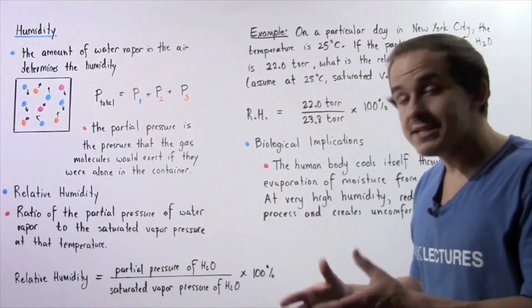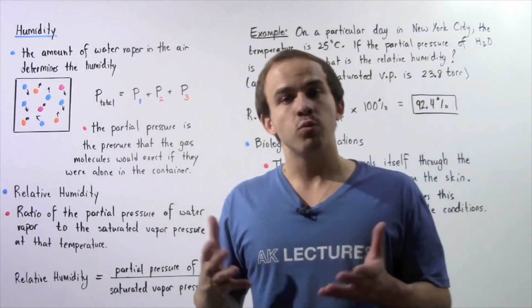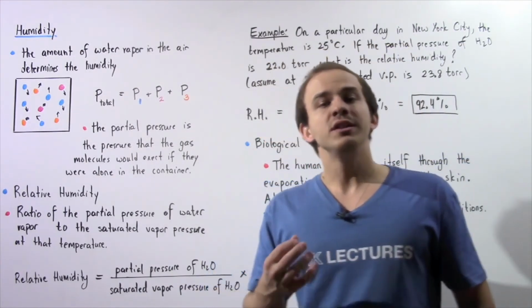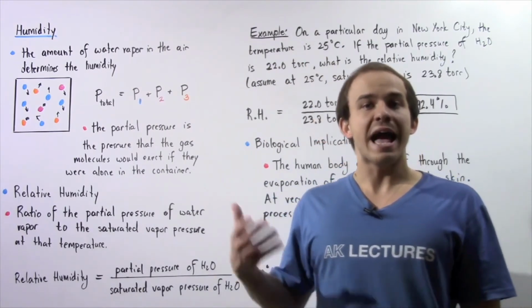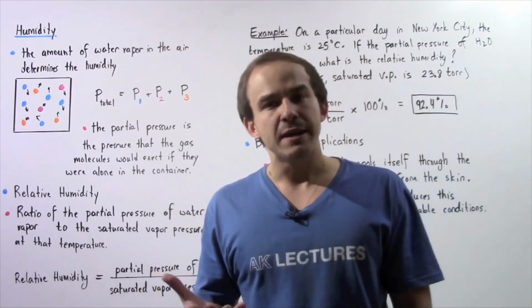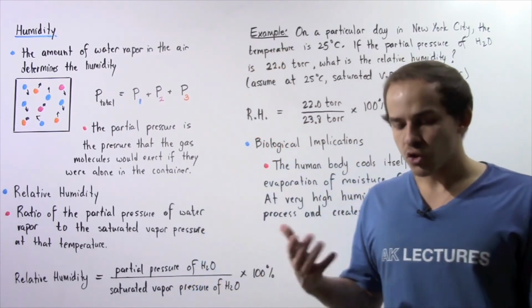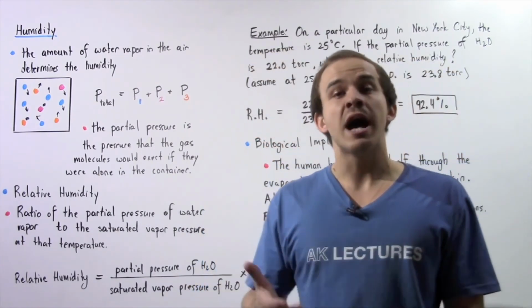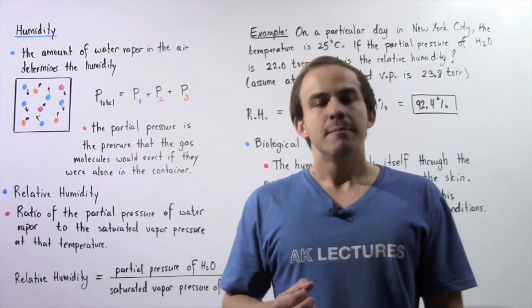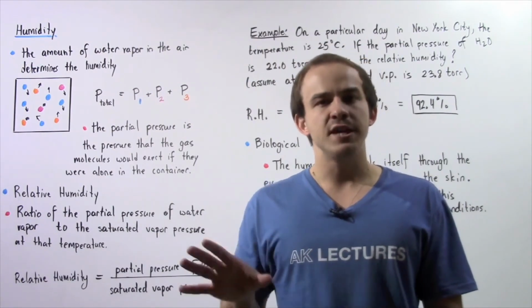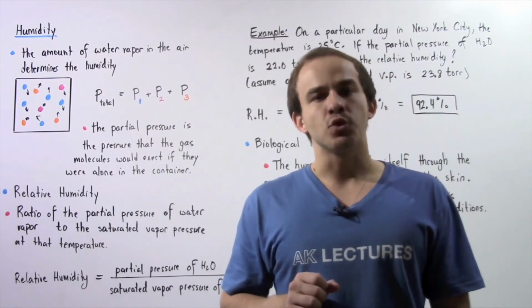So if the air is completely saturated with water, then the water found on our skin will not evaporate because the atmosphere will not be able to hold any more water molecules. And this will create uncomfortable and sometimes dangerous conditions because our bodies will not be able to cool itself via the process of evaporation.